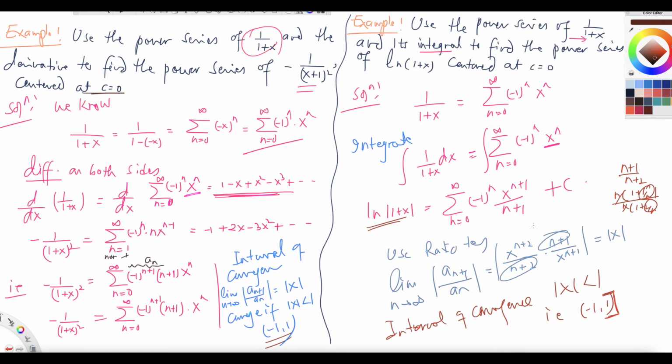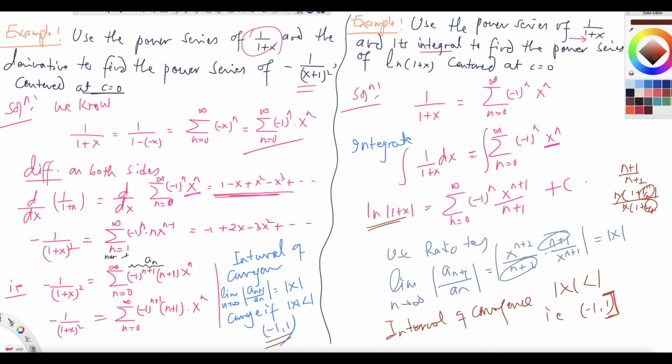You can use the alternating series test to see if it converges or diverges at x equals -1, +1/2, -1/3, and so on. It will be decreasing, so it will be convergent at +1. So the answer is -1 to +1, okay?